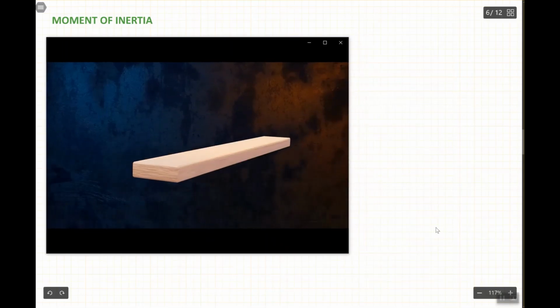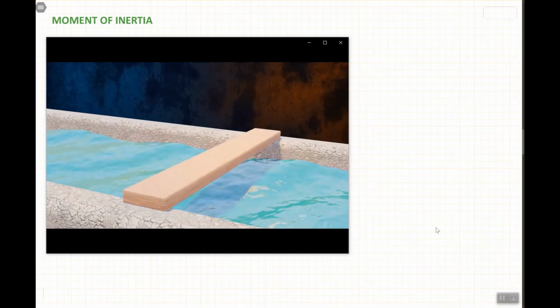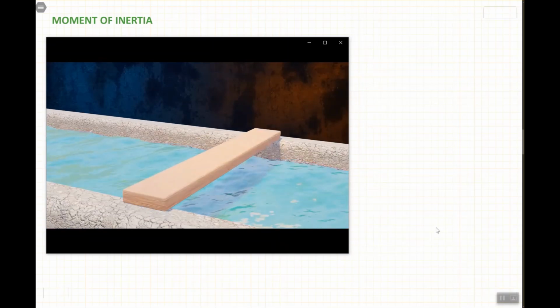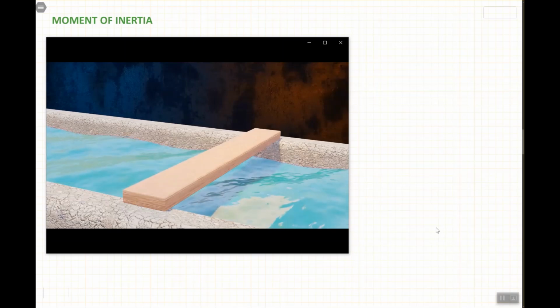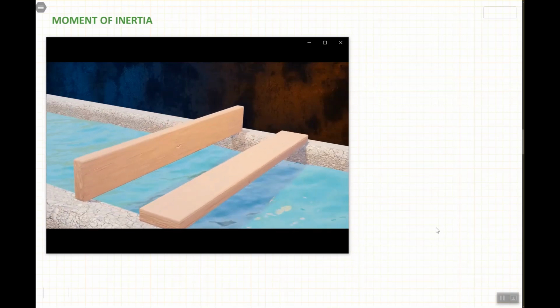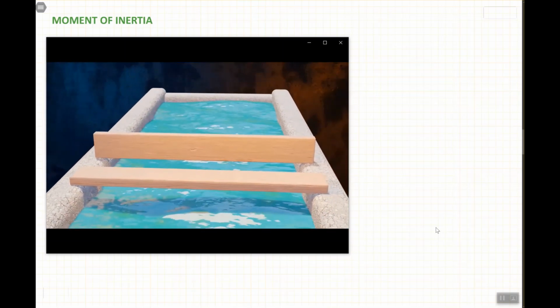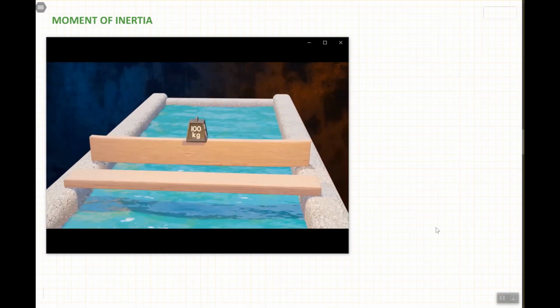Let's say we have a plank of wood, which we would like to use to cross a canal. It has a rectangular cross-section, and so we could either use it like we have done here, or we could rotate it onto its side, like this. Intuitively, we can tell that the plank will be stiffer if the load is applied to the shorter side of the cross-section.